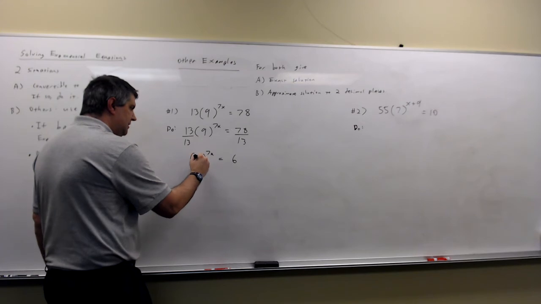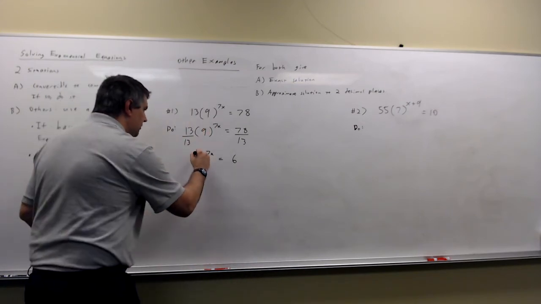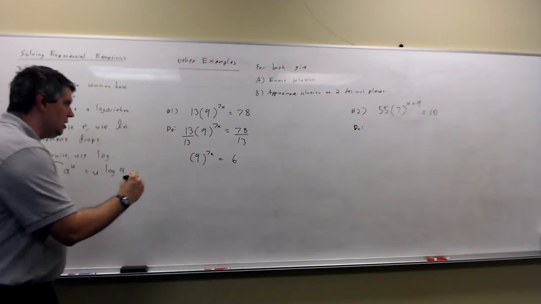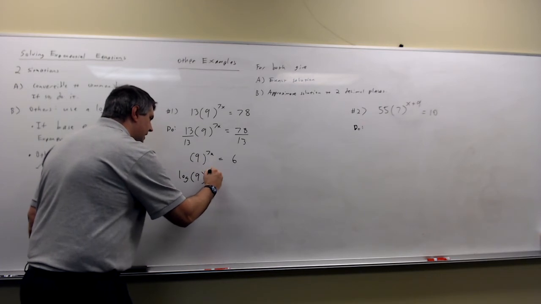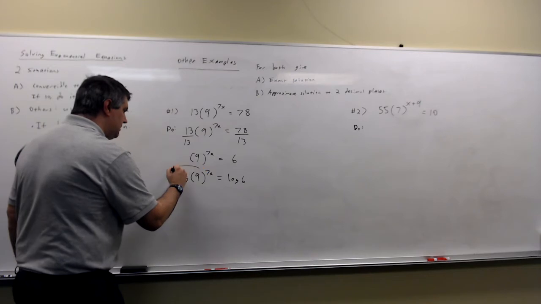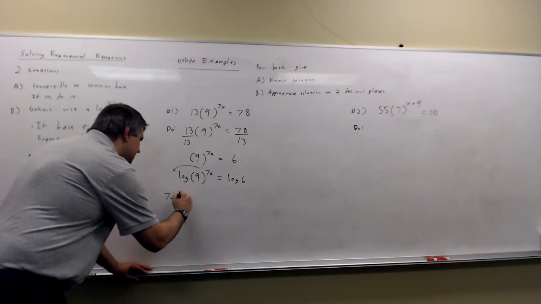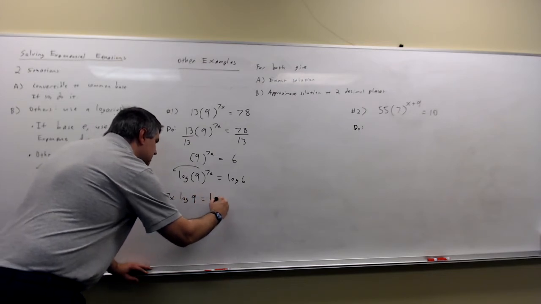Now 9 and 6 are not rewritable in terms of a common base. So we'll use the common logarithm. So I'll take the logarithm of 9 to the 7x power equals log of 6. That allows me to take the 7x to the front. So I'll have 7x log 9 equals log of 6.